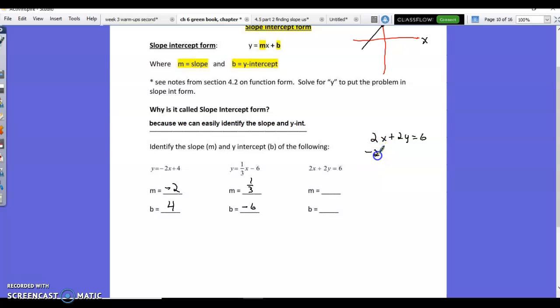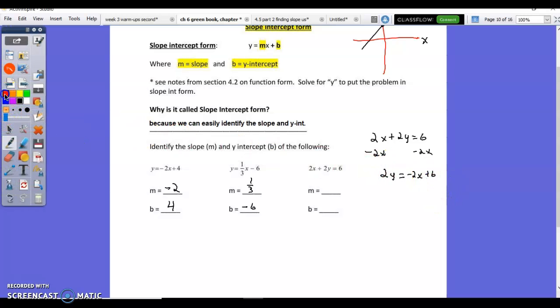I'm going to subtract my 2x from both sides and rewrite 2y equals, and this is why I always put that -2x first, because then it puts it into slope-intercept form. So -2x and then a +6. My next step would be to divide by 2.